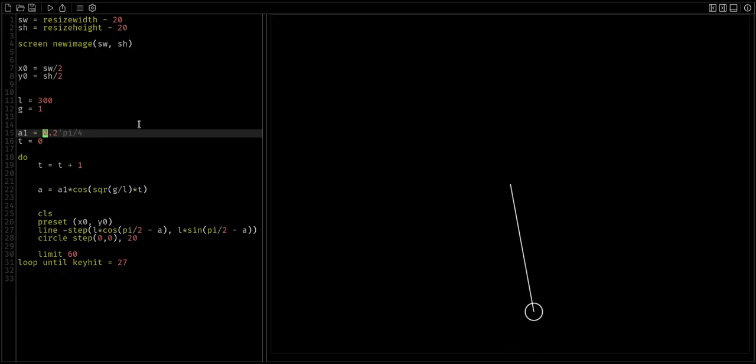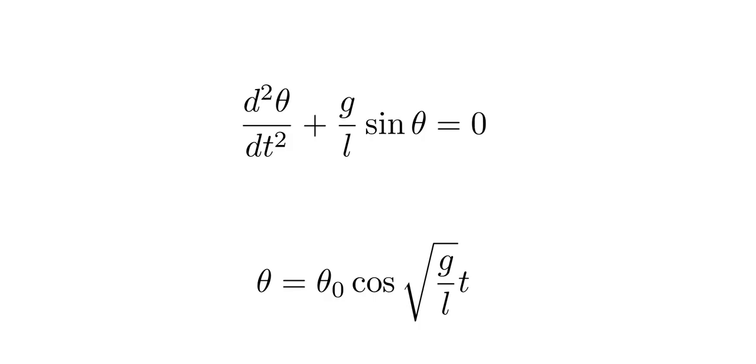But if you set it to something high, like let's say pi over 2 plus... you see that now it loses a certain gravitational appeal, which motivates the suggestion to solve this equation numerically.